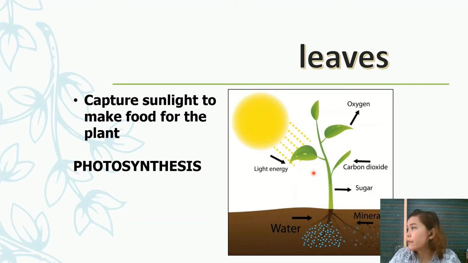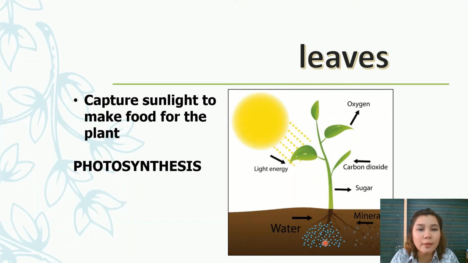Even if it's not a sunny day, as long as it is bright, maliwanag sa labas, or it's a cloudy day but still bright outside, they can still capture sunlight, which they use as light energy. And then yung water and nutrients being carried by the stem, dinideliver naman yan papunta sa leaves para doon may magic na nangyayari.